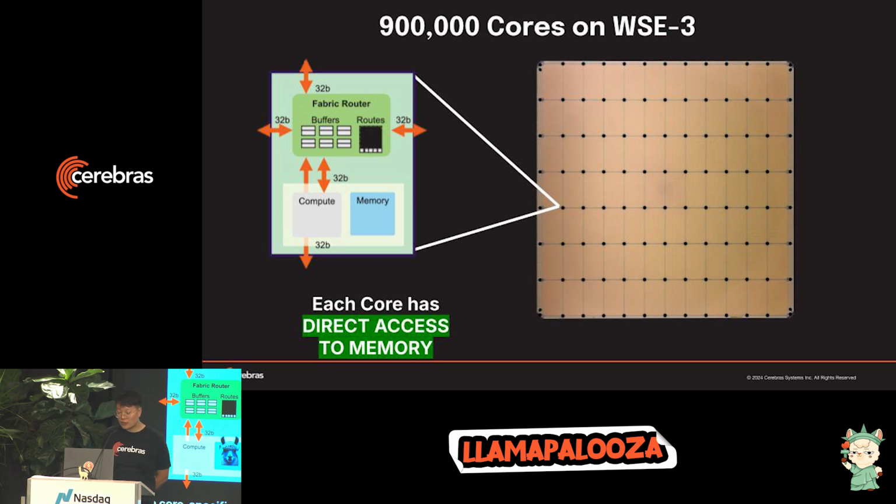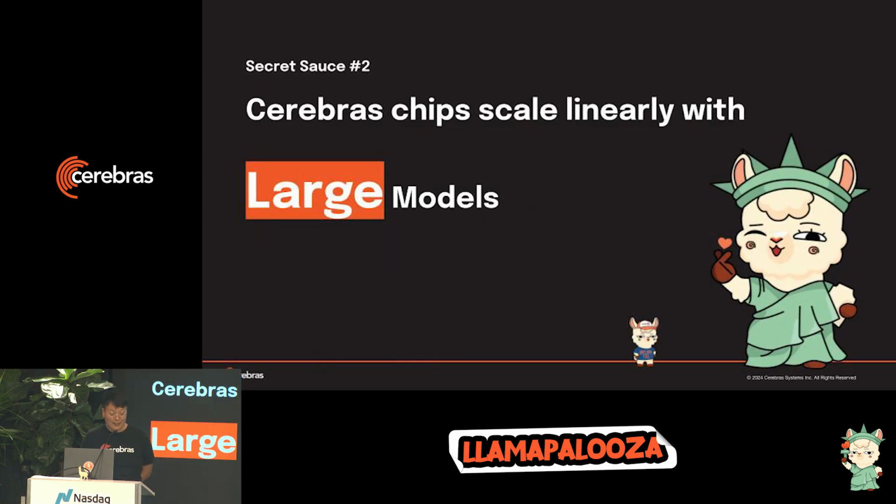So the weights for each layer in a machine learning model are stored in memory directly associated with a specific core. So the weights don't move. They stay put right where they're needed, where the core is going to do the computations. So this is one reason why we don't have to deal with memory bandwidth issues when we're running models on our WSE-3 chip. The second secret sauce is that Cerebras chips scale linearly with large models.